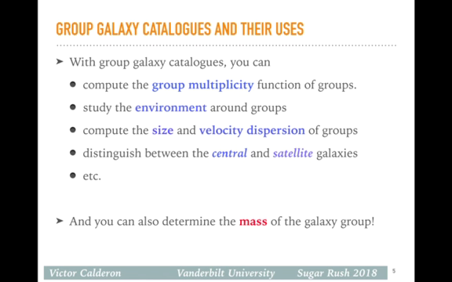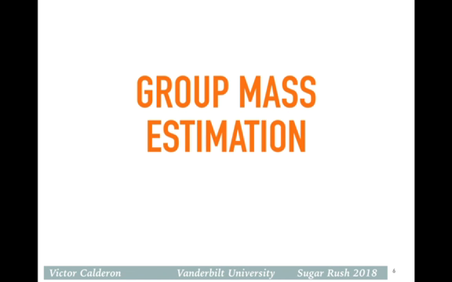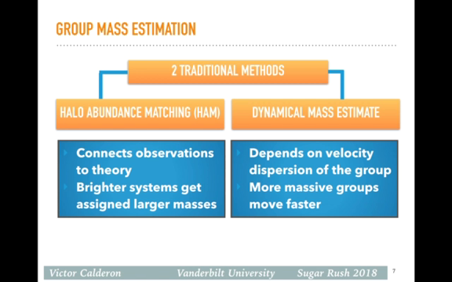In the past, a lot of people have tried to estimate the group mass using dynamical estimates or abundance matching. So the main two traditional methods that people have used are halo abundance matching and dynamical mass estimates. The first one, it connects observation to theory, meaning you abundance match a theoretical quantity to an observed quantity.